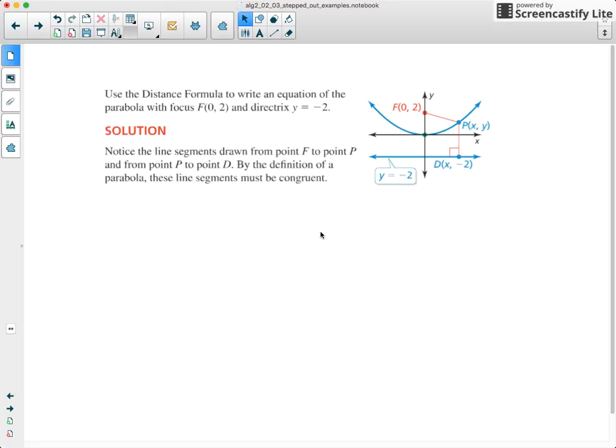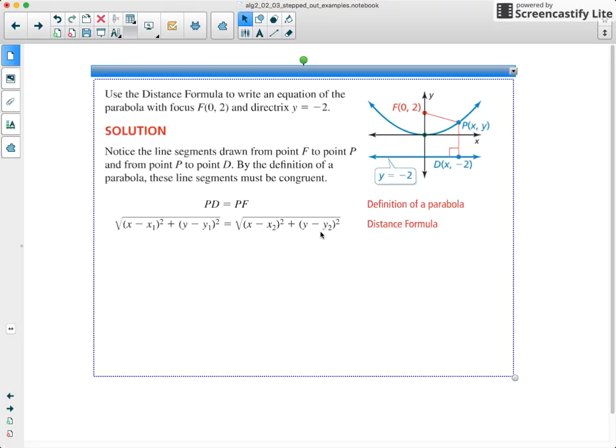So the first thing you're going to do is set up your distance formula. This is the formula without any of the values from our problem input. What we're going to do on the left-hand side is input the values from the directrix.